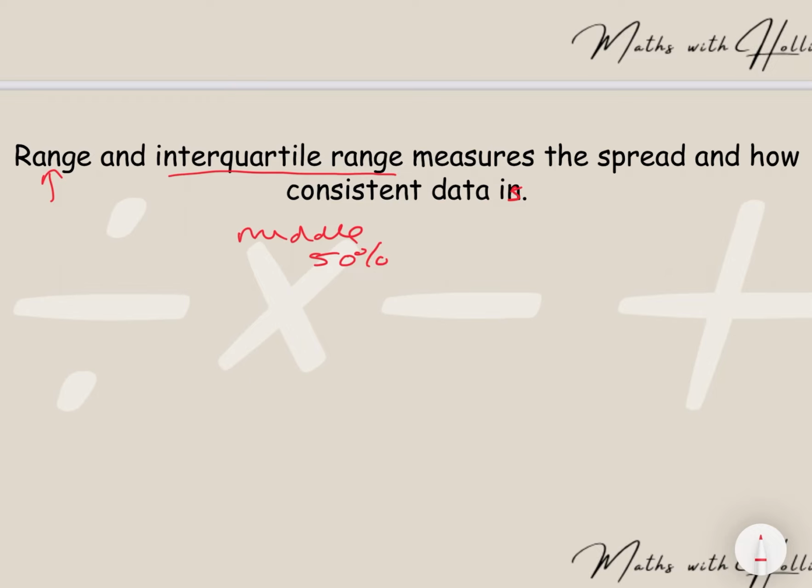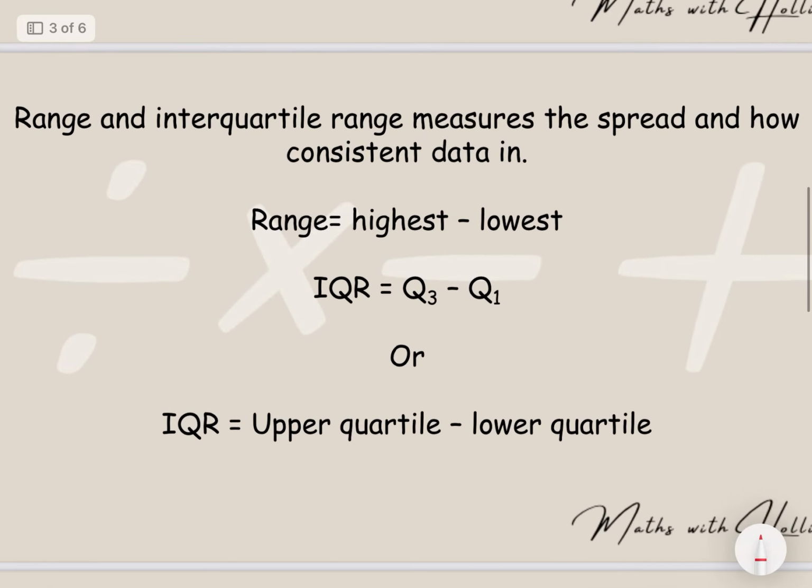So we're going to first recap what each one of these means. The range, hopefully you will remember from the last video, is the highest subtract the lowest, which in this case is nice and easy. The interquartile range, because we're looking for the middle 50%, is Q3 minus Q1, which sometimes we refer to as the upper quartile subtract the lower quartile.